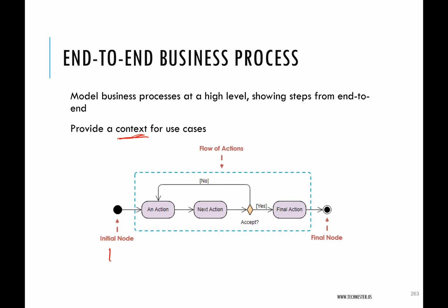So this initial node is the big dot. It just means the start, the beginning. And this final node, you see the difference? There's a circle inside, and that circle, so not just a solid dot, is the end. Now, when people say process model, many times they mean that lowest level swim lane one.